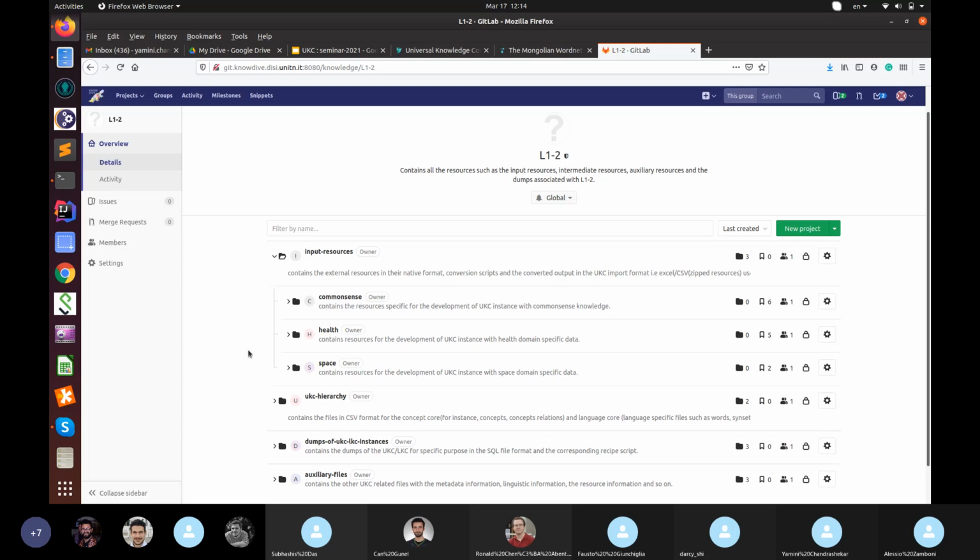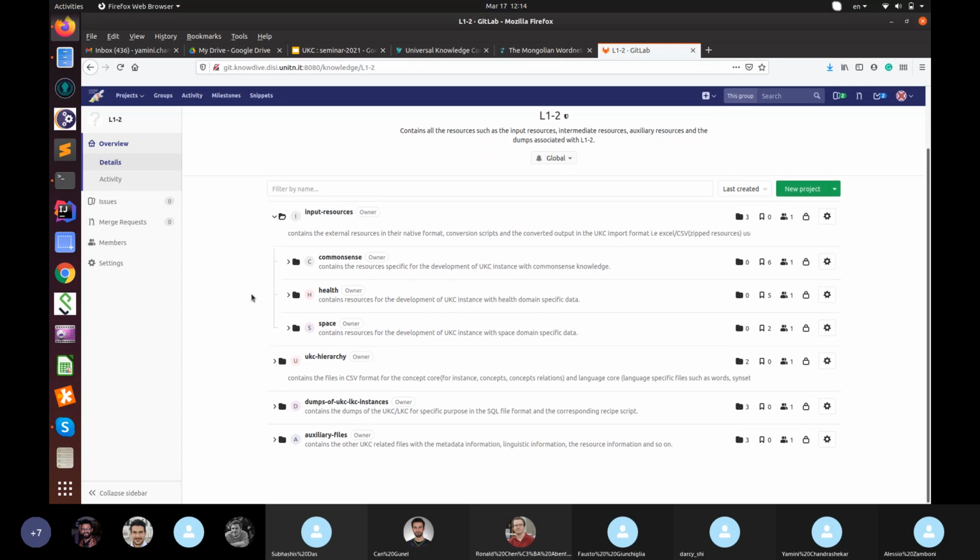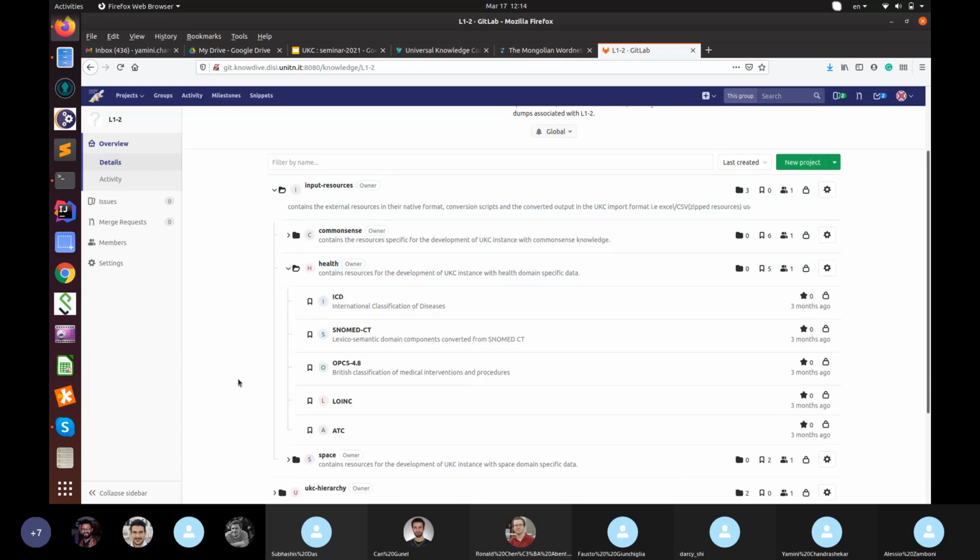Going back to the repository component here, the resources entirely are for the knowledge levels L1 and L2, which are the concept component and the language component. Each hierarchical level has its own domain specific components as well. The first one, which I showed for the UKC, belongs to the common sense domain. Then we have the health domain, which includes the datasets from ICD, SNOMED CT, and so on.